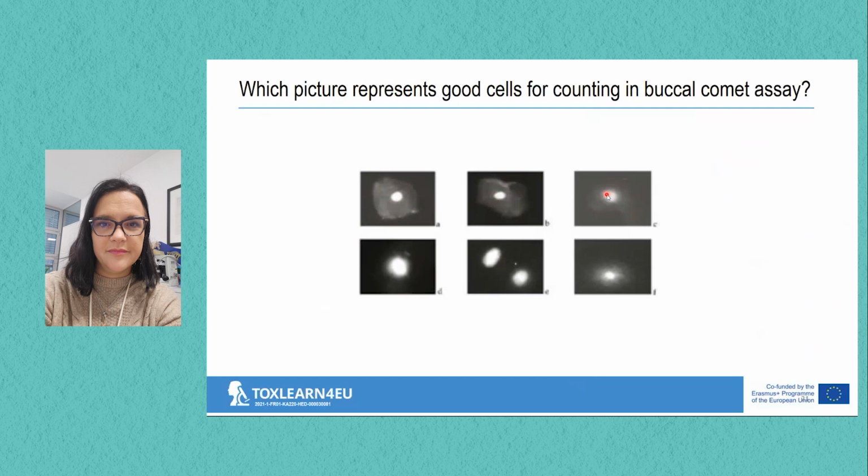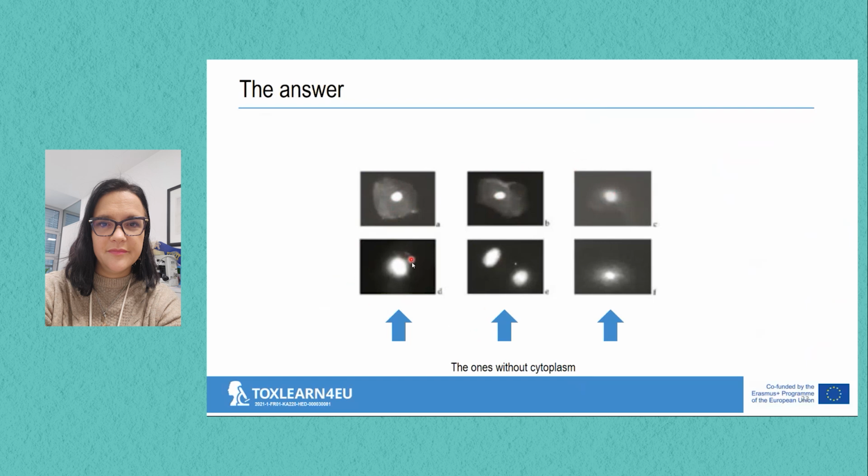So these pictures do not represent good cells for counting, and you cannot measure the DNA damage in them. In those cells here, you can see that this cell is relaxed and that there is a cloud. Here, there is no cloud, and that means that although you cannot see the cytoplasm, there are still some things attached to the DNA, so that after electrophoresis, this nucleus is still not relaxed.